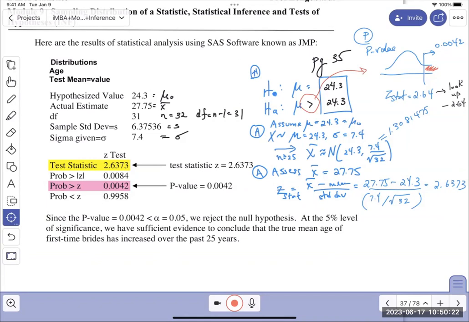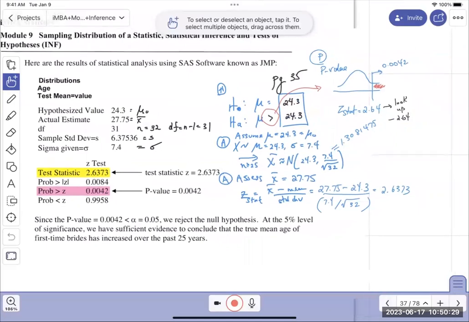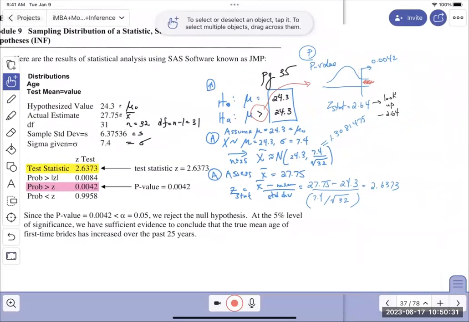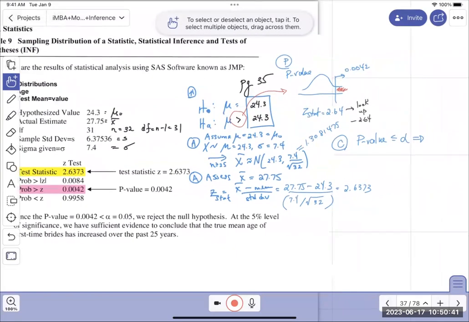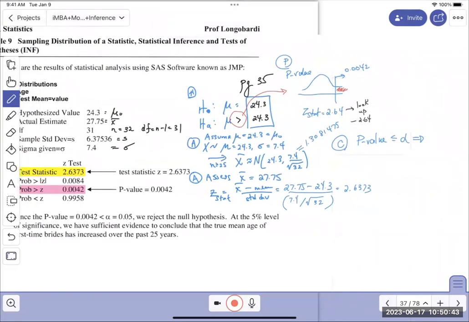You always use the same concluding step. So what did we get?